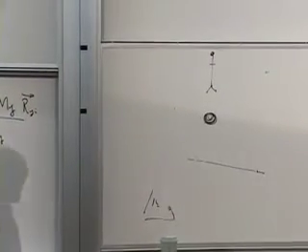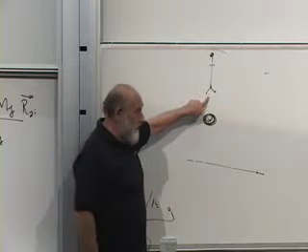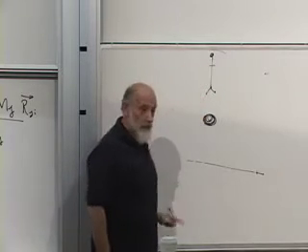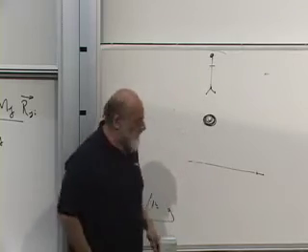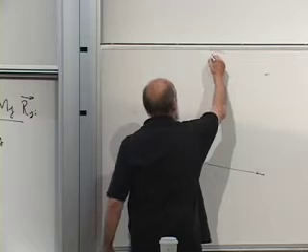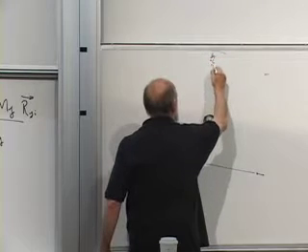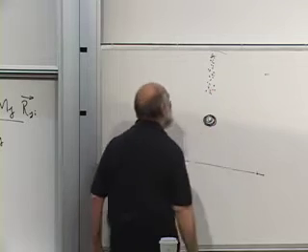Well, this person's feet are being pulled by the gravitational field more than his head. Or another way of saying the same thing is, let's imagine that the person is very loosely held together. He's just more or less a gas. We are pretty loosely held together, at least I am.